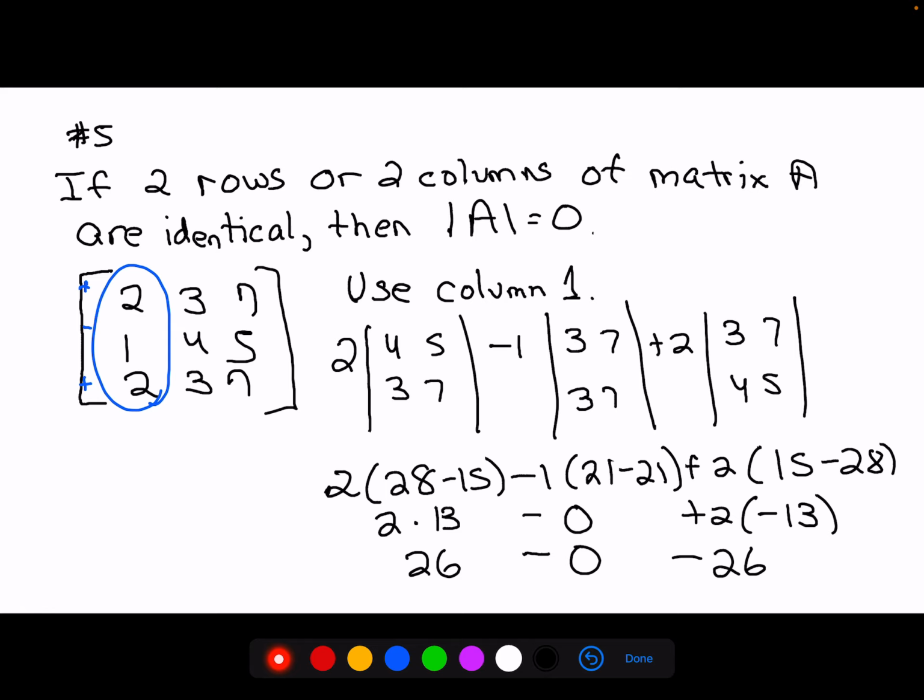So remember what we said about swapping or interchanging rows? The determinants end up being opposites. And that's what happened there. You had a 26 and a negative 26. And all of that comes out to 0. All right, number 6. Getting there, 2 more.